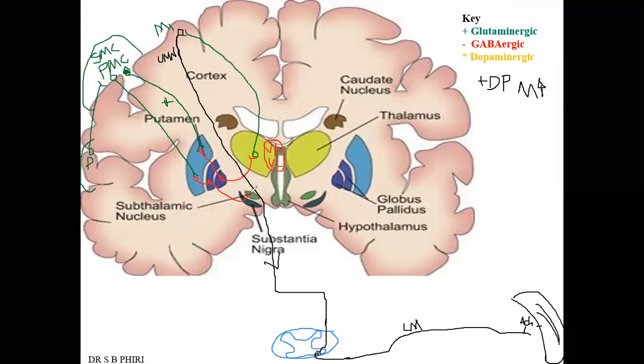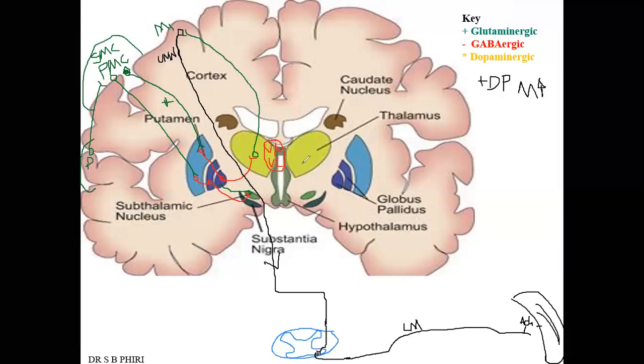From the subthalamic nucleus, you have a stimulatory neuron, because it's going to release glutamate to the internal globus pallidus. So it's projecting to the internal segment of the globus pallidus.